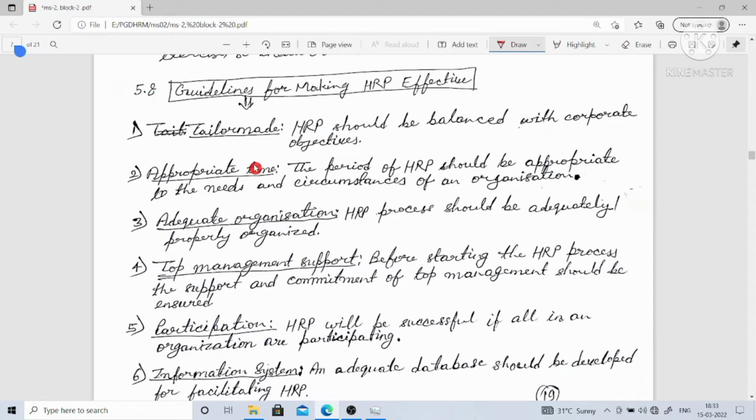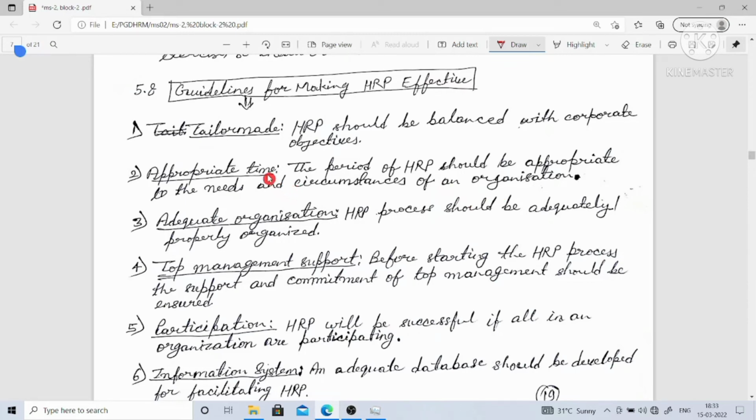Second given, appropriate time. The period of human resource planning should be appropriate to the needs and circumstances of an organization. Whatever kind of human resource planning is used by the organization should be in accordance with its needs and circumstances. If it is not, then it will take more time.